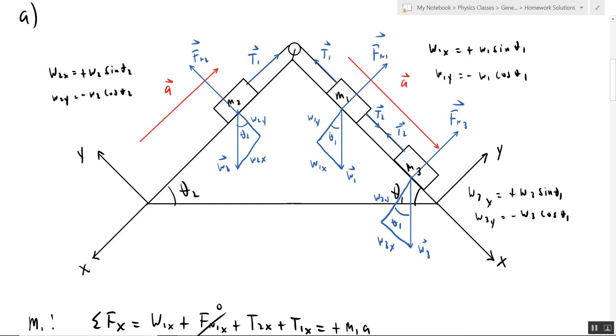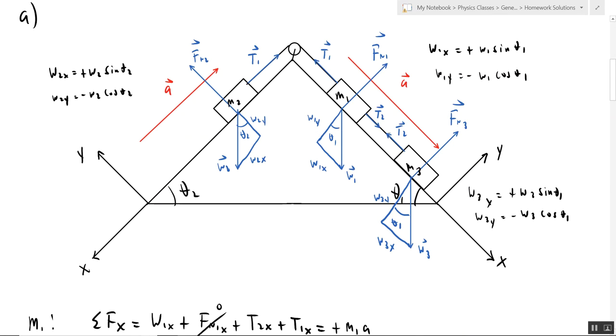Once again, the x part is given by W1 sine theta 1, and the y part is negative W1 cosine theta 1. And theta 1 is this angle here, theta 2 is this angle here. I forgot to mention that. Because this mass is on this side here, it's going to have theta 2, and this mass is on this side here, so this is theta 1, and this is theta 1.